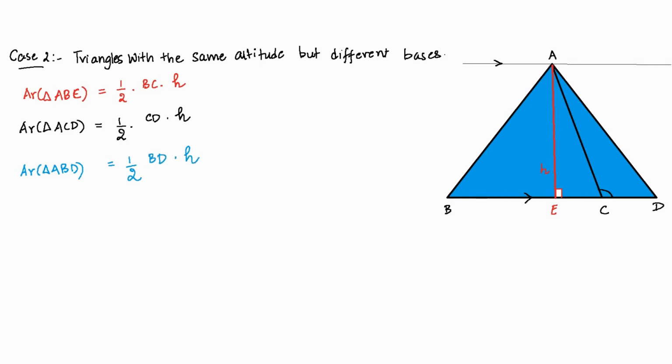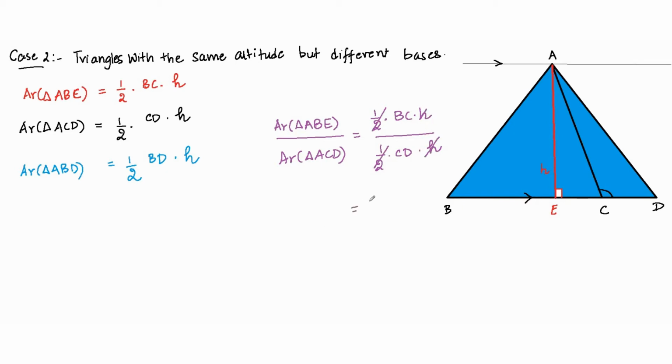So if I were to take the ratio of the areas now, I can say that area of triangle ABE divided by area of triangle ACD is given by half into BC into H divided by half into CD into H. Now half cancels and H cancels.